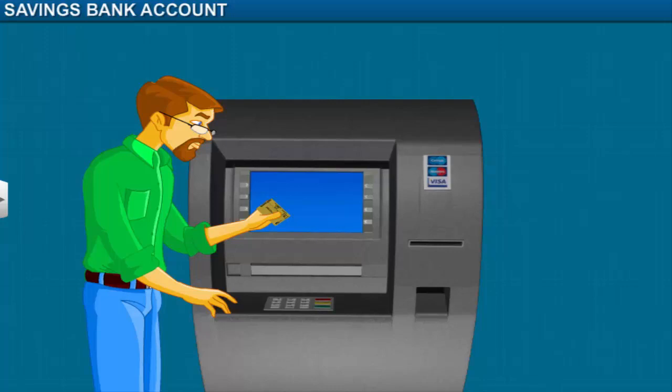The cash is dispensed when an account holder inserts his ATM card into the slot on the machine and enters a secret 4-digit code called the PIN number and the amount they wish to withdraw. A PIN number is like a password to operate the account. Some banks also accept deposits of cash and checks through their ATMs.